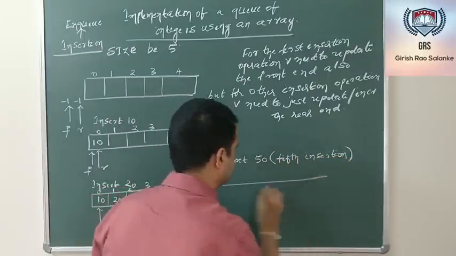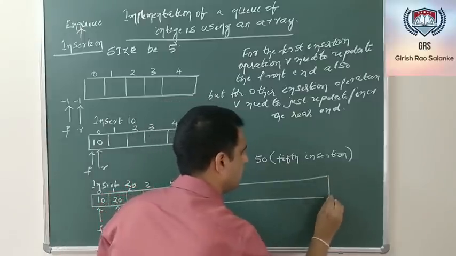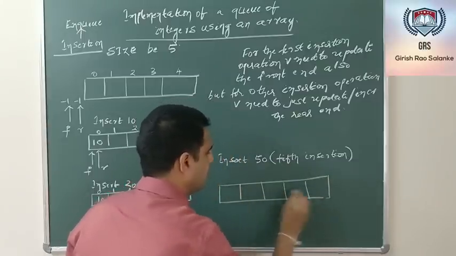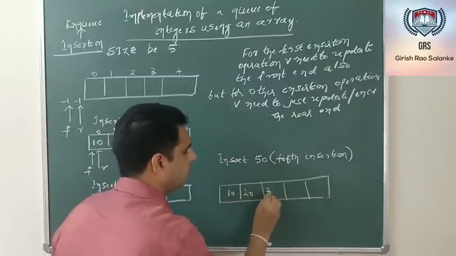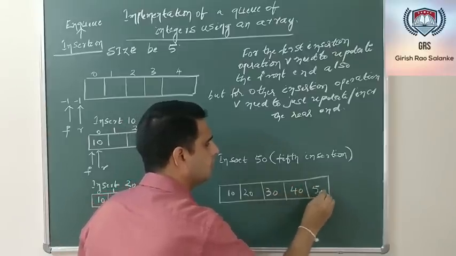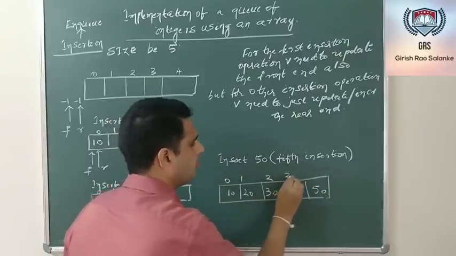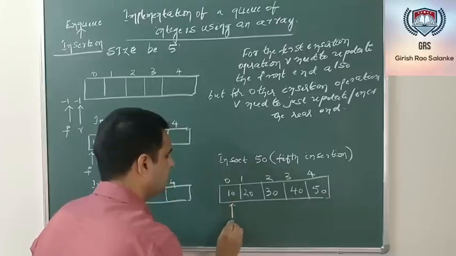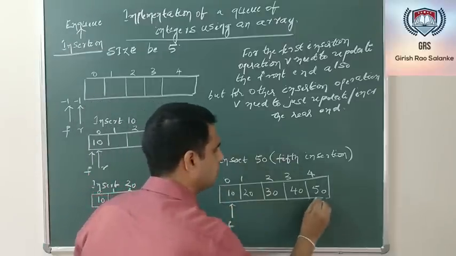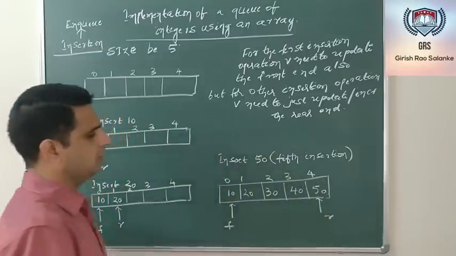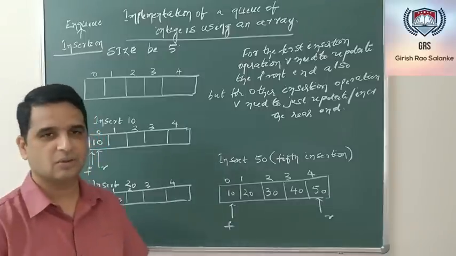My queue looks something like this. I will have the elements 10, 20, 30, 40 and 50, and my front end is pointing to the 0th location, and my rear end is pointing to the last location.